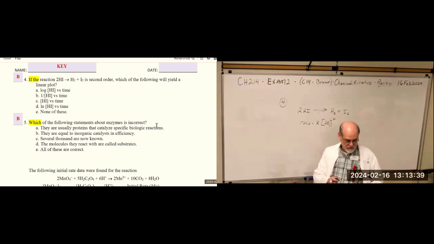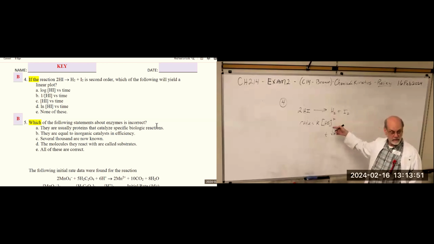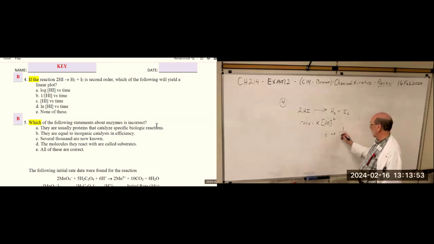Question is, which plot will give a linear? Inverse. Yes, inverse. So we'll do time. Inverses always give you linear if it's second order. For second order, the inverse will give you a straight line versus time.